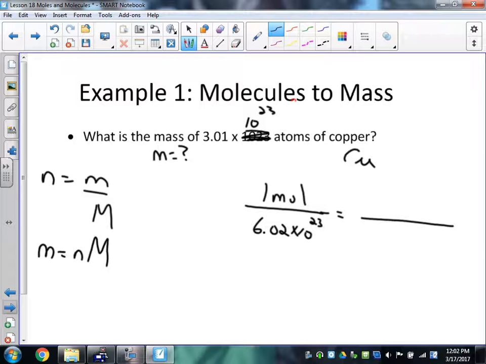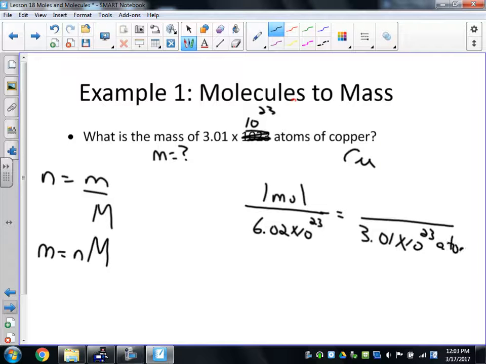Do you know the molar mass of copper? Yep. That we can look on the periodic table. But I need to know this and this. This I'll look up. This I can calculate from over there. So we have those two parts that we need for mass. So this is 3.01 times 10 to the 23. Now in this particular case, we're talking about atoms, and atoms here as well. And I'm going to solve for n, moles.